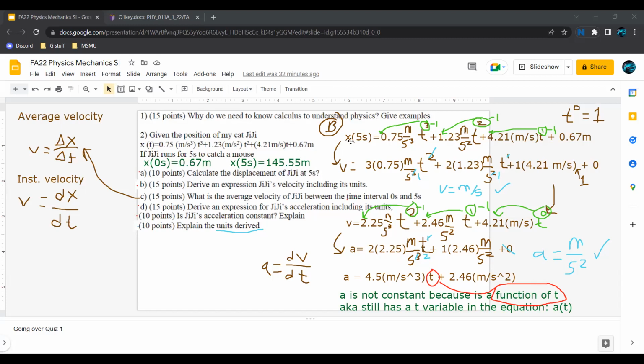So then that means we can just plug that into the velocity equation. Here and add this into there. You have delta x. Here's delta t.